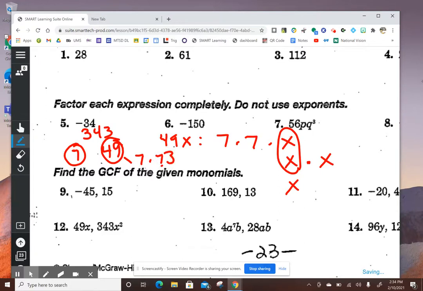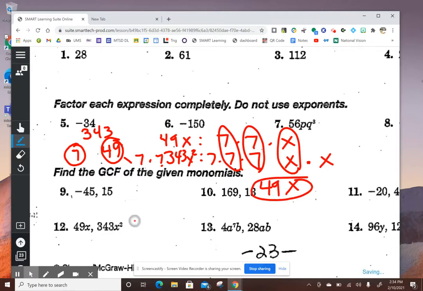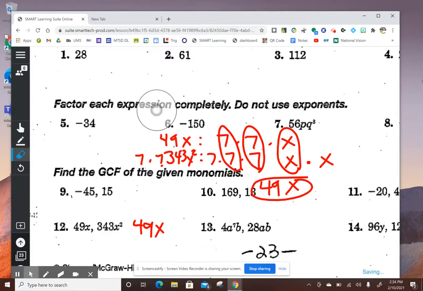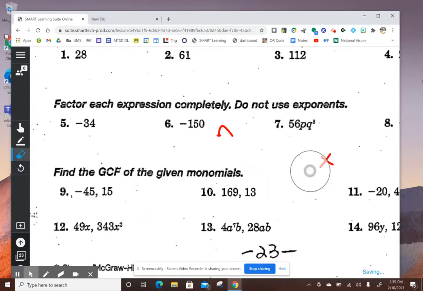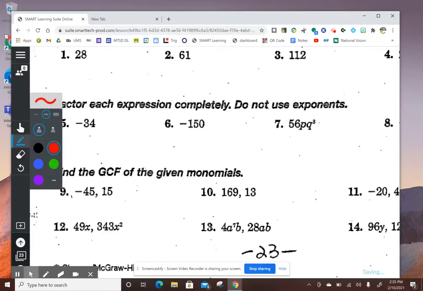So 343x squared is 7 times 7 times 7 times x times x. So I circled the 7, the x. So the GCF is 49x. And again, like I said, you probably could have done that in your head if you knew 7 cubed was 343. But if you don't, you could have figured it out.